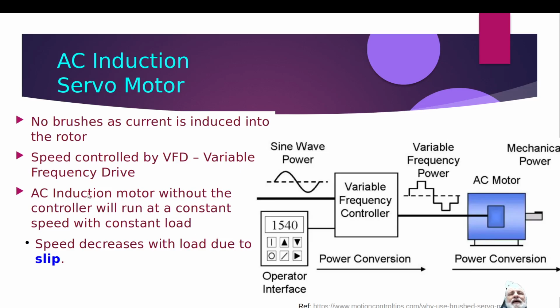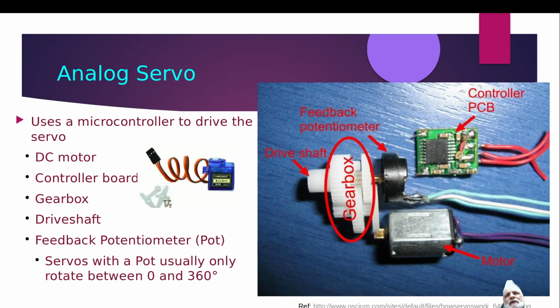The nice thing about AC induction motors is that they do not have brushes. They have a lot of torque, but they don't have brushes. They can run at a constant speed as long as you're maintaining this frequency constant. But the speed will decrease when you load it: when you get more load, you get something called slip, and it gets out of sync and will maybe run a little bit slower.